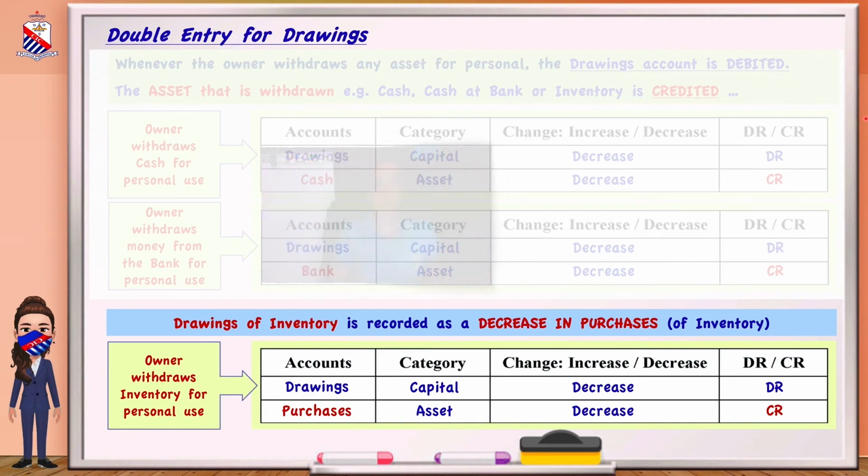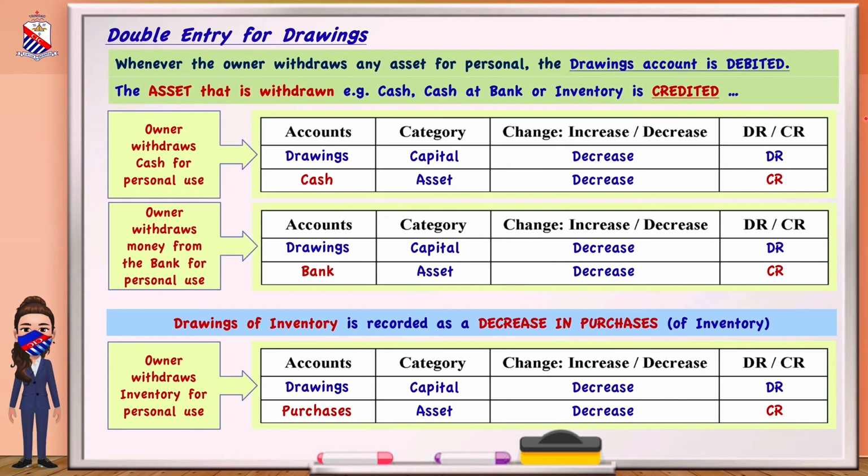So every single time you have drawings of any asset, you will debit the drawings account and you will credit the asset. If the asset is cash that he has withdrawn for personal use, you credit cash. If it is money from the bank account that he has taken out or withdrawn for personal use, you will credit the bank account.